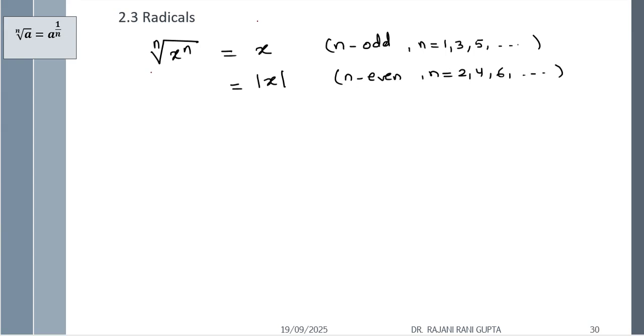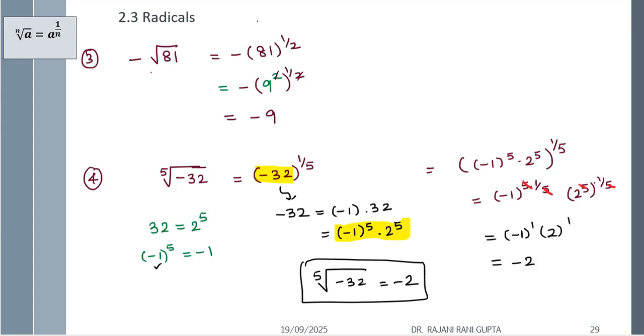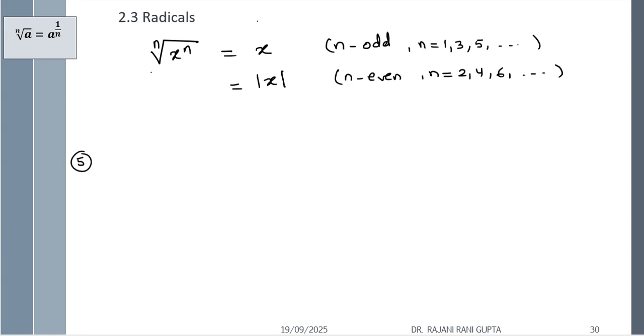For instance, suppose you have question number 5: root of x square. What is the power? The power is 2, which is even. So you will write the absolute value of x. Similarly, if you have the sixth root of a power 6, the index is 6, which is even. So you will write mod of a.